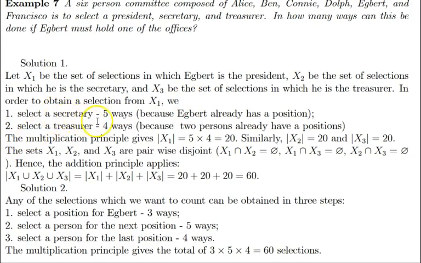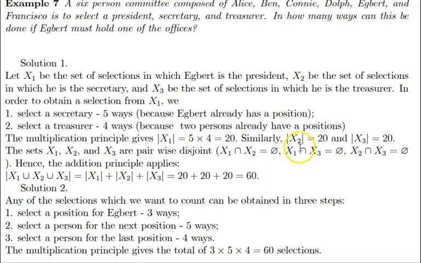Select a secretary, 5 ways to do that because Egbert already is selected to be the president. And then perform step 2, select a treasurer, 4 ways now to do that because 2 persons already have positions. Multiplication principle applies and gives that the cardinality of x1 is 5 times 4, 20.